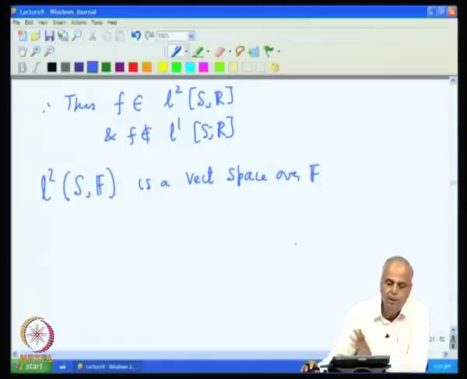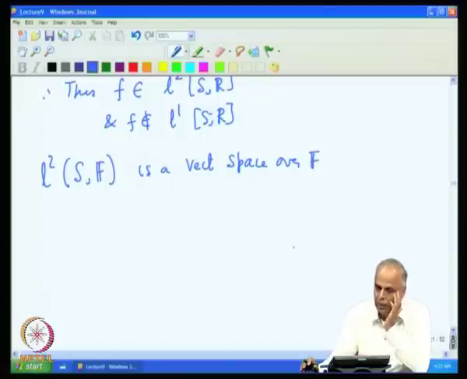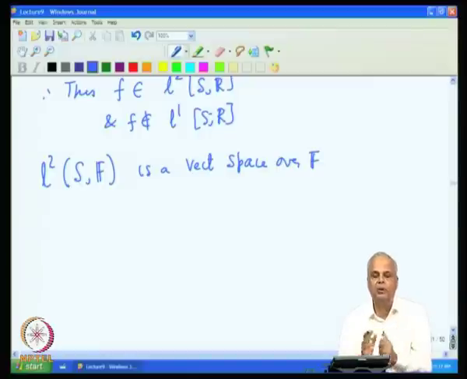So, these are functions from S to F which have special properties. First we considered all functions from S to F, that was a vector space over F. Then we considered all functions from S to F for which the summation of mod f of s j is finite, and we got L1 S F. Then we considered all functions from S to F for which summation mod f of s j squared is finite, and we got the L2 S F.